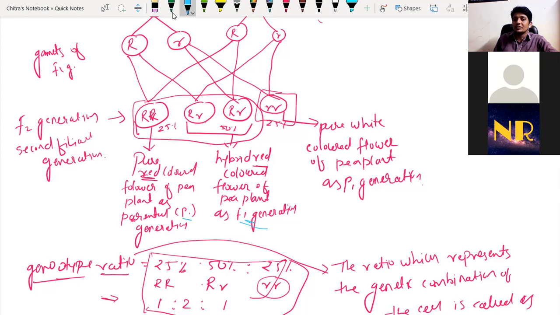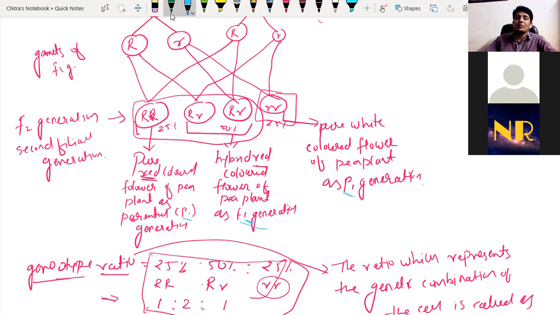And when small r of the male plant fuses with small r of the female plant, it produces small r small r, which is similar to the pure white of the parent generation.